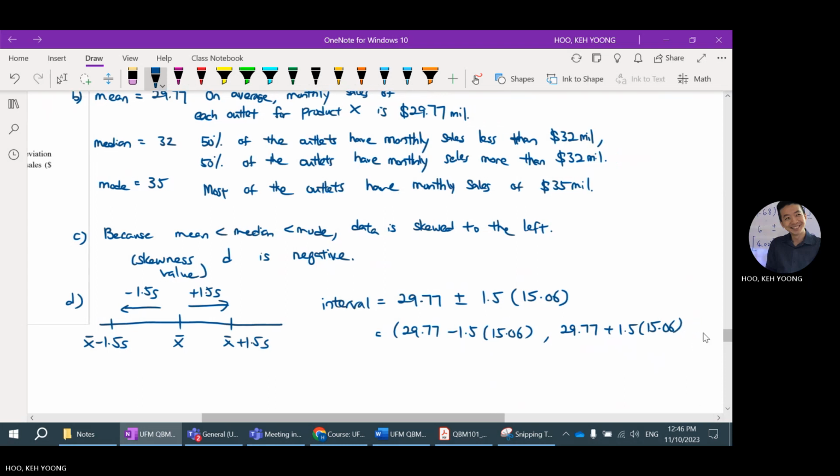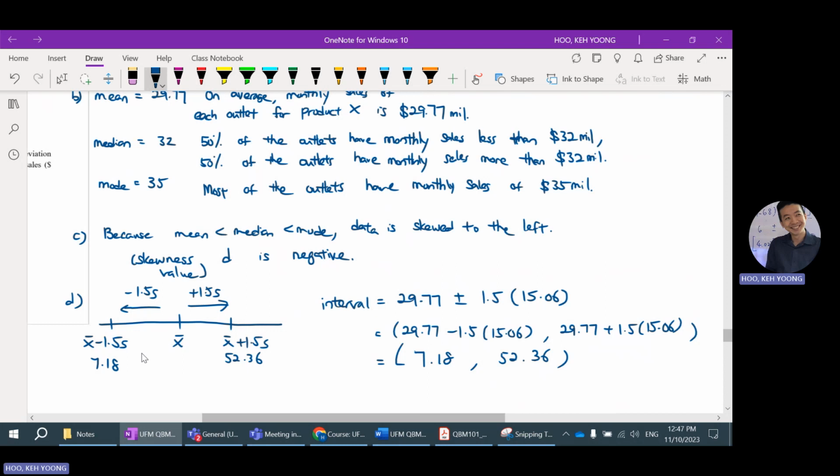Can you tell me the answers for the lower and the upper limits? 7.18 and 52.36. Okay, this is the value.